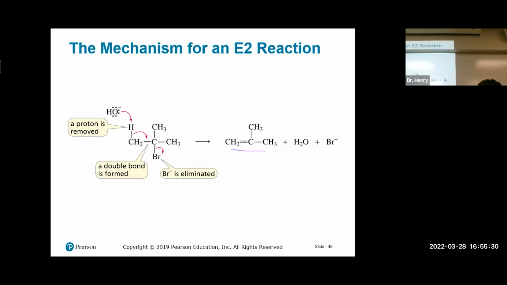So I have a question. If we have bromine here, right? And let's say we had, instead of water, we had iodide. What would happen? Or would anything happen?